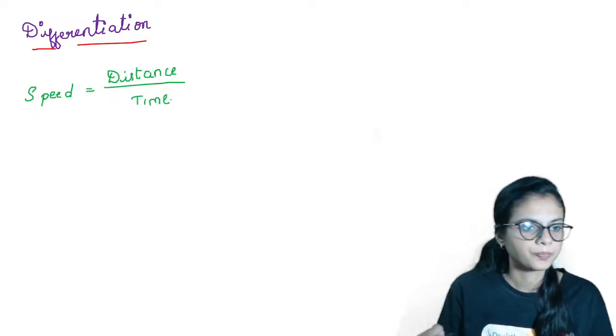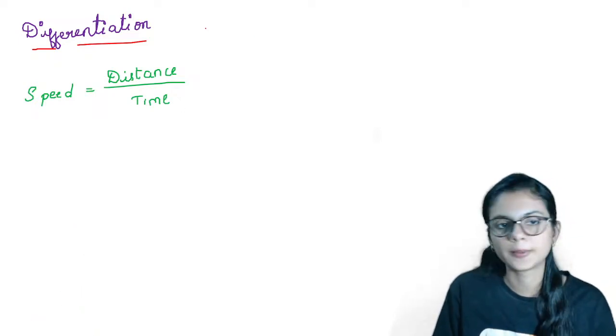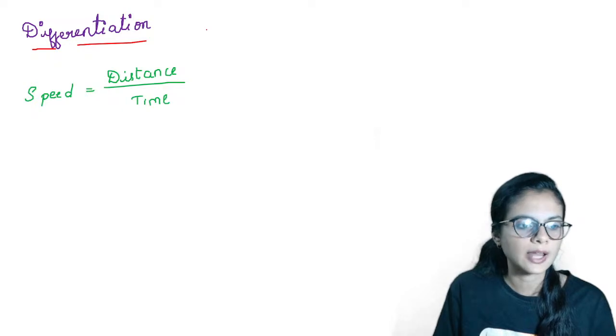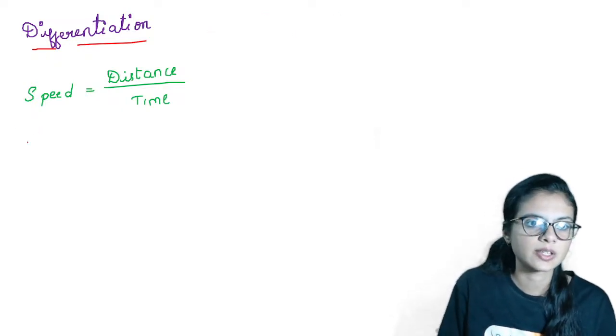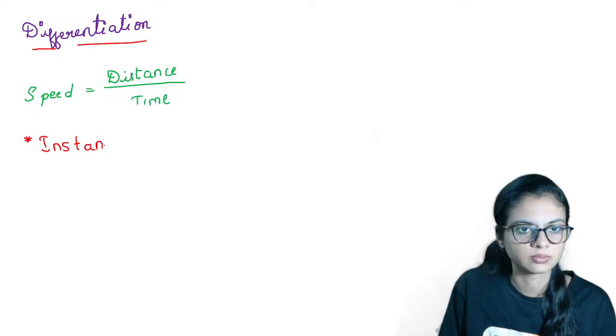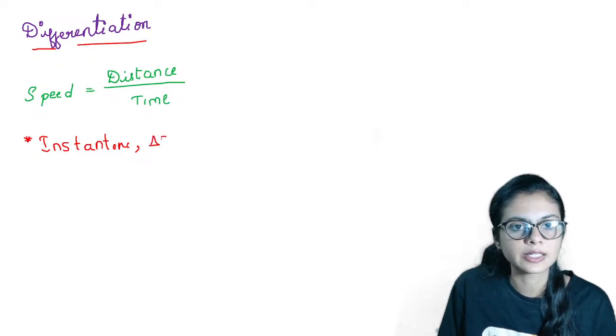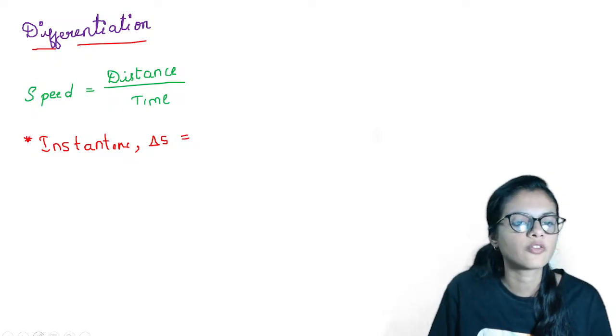Let me show you that. See. So, now I want to calculate the speed instantaneously. So here there is a word, instantaneous speed. Okay, let me write it as delta S. So what is the meaning of delta S?